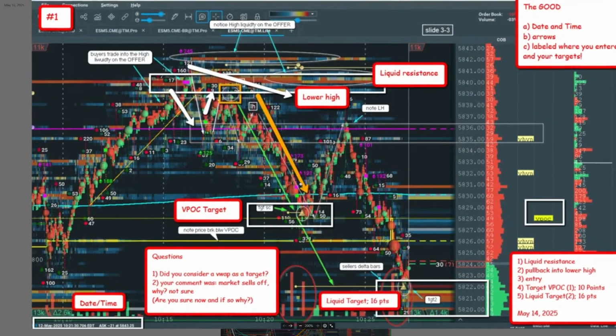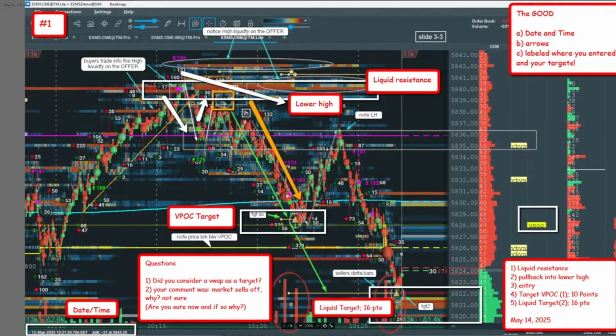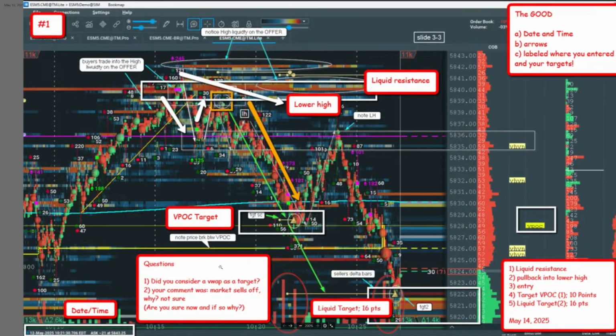These are levels that I consider. The first move of the market, we sold off. And then I just waited. That was the market telling me that we're going south, we're going down. And then I just waited for my criteria. So basically, I missed the first pullback, but then I waited for the second pullback.